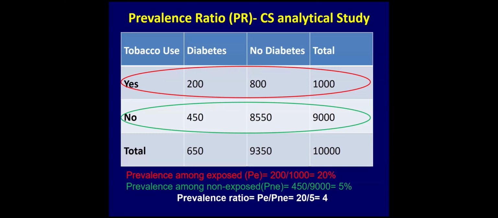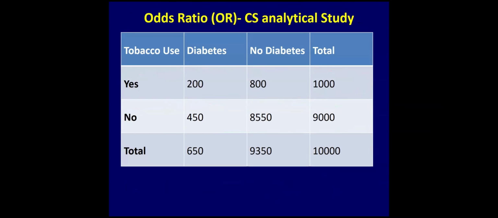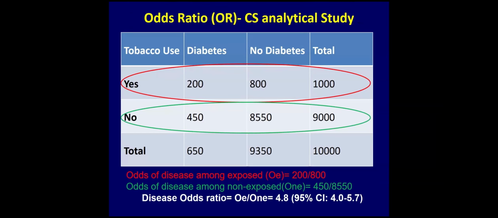If you are conducting cross-sectional studies, always think of prevalence and prevalence ratios. And the interpretation of prevalence ratios is not about developing disease. It's about having disease along with the exposure of interest. And again, you can calculate a confidence interval for the same thing. And never go for odds ratio calculation if you are conducting cross-sectional studies. Go for prevalence ratios.